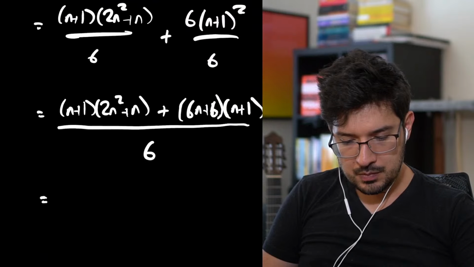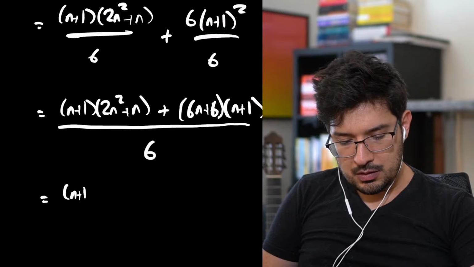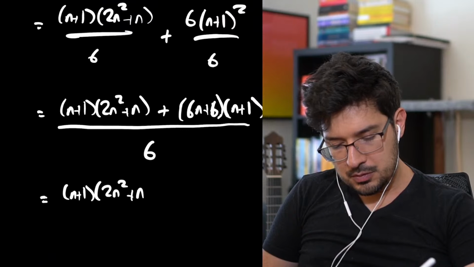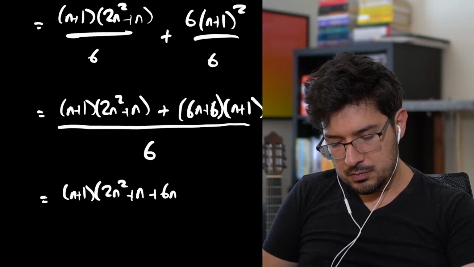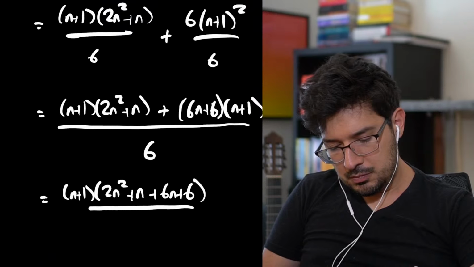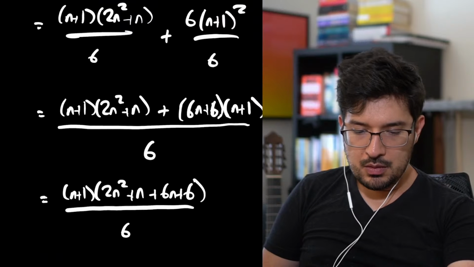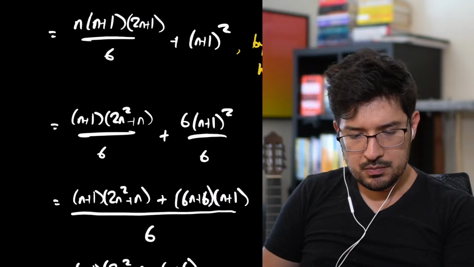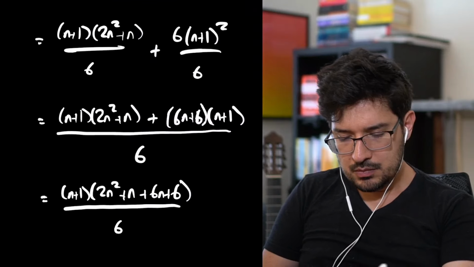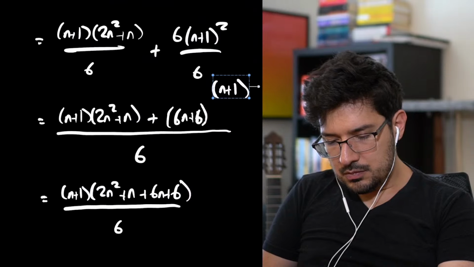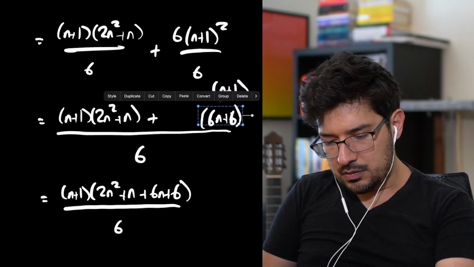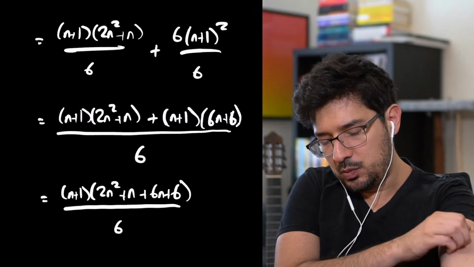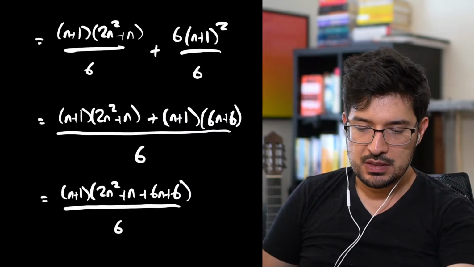Then I can factor n plus 1. I don't know if this is any more clear writing or not, but now n plus 1 is factored out on the left.